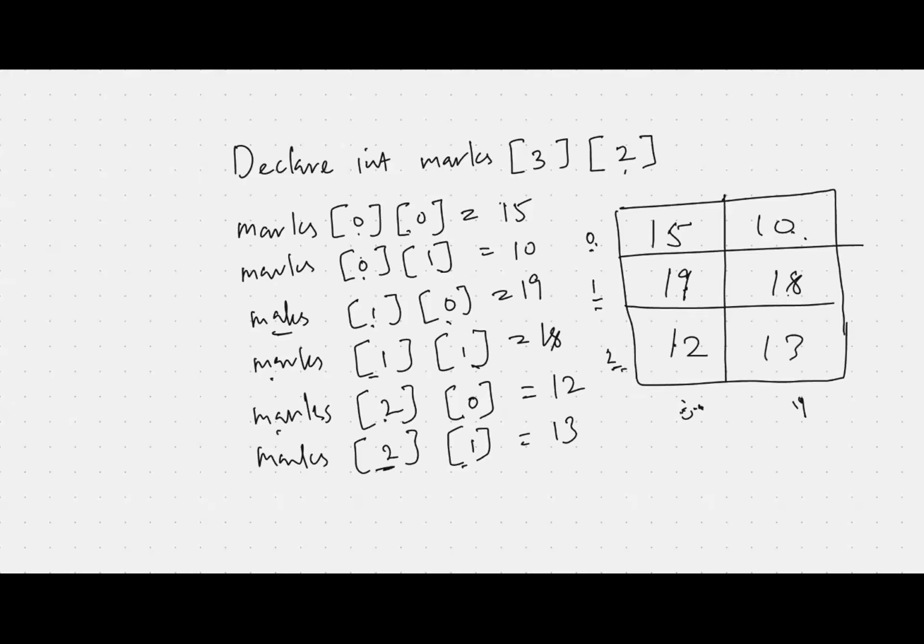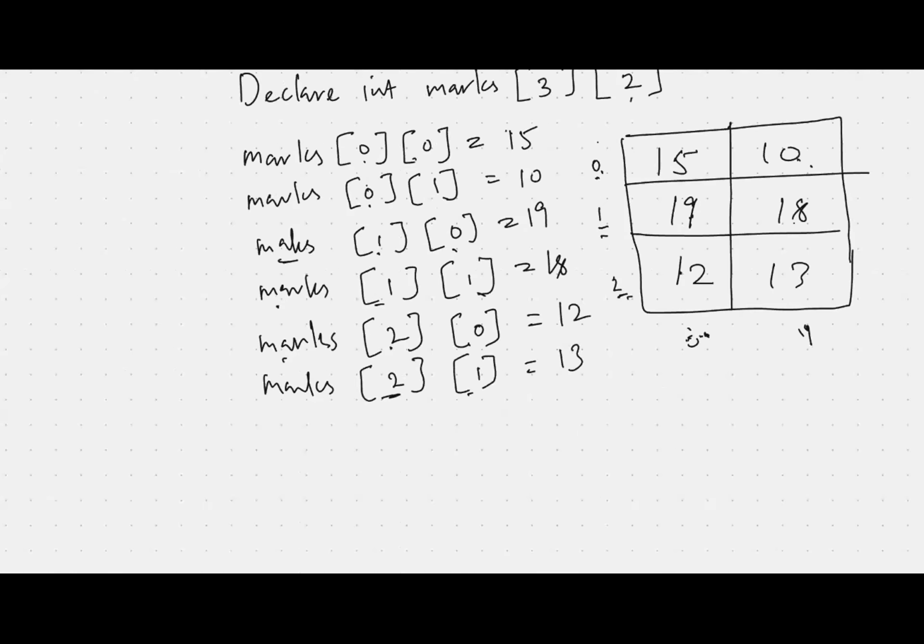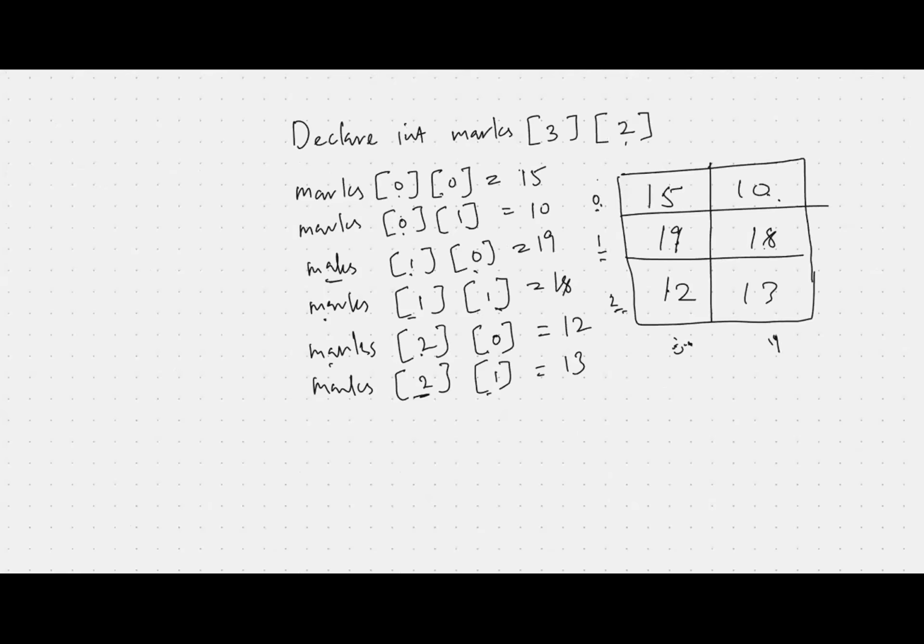Now, if you want to see what is in a particular position, maybe position 0 and 1, what will happen is that the computer will look at position 0. Remember, the row is always the first one.